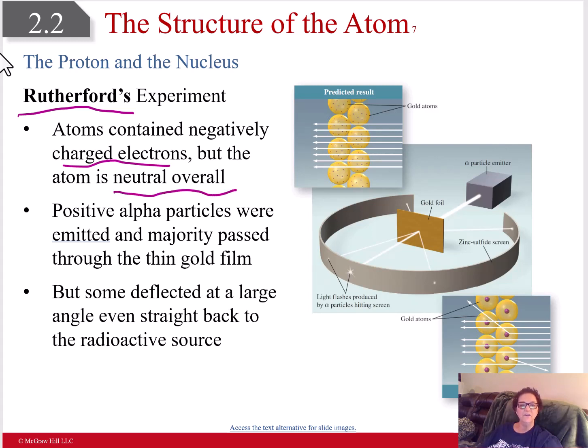He used the gold foil experiment, and he noticed that when you were bombarding this with alpha particles, the alpha particles were being emitted and would go towards this gold foil.